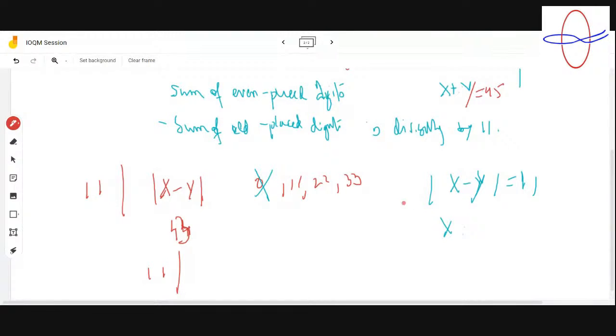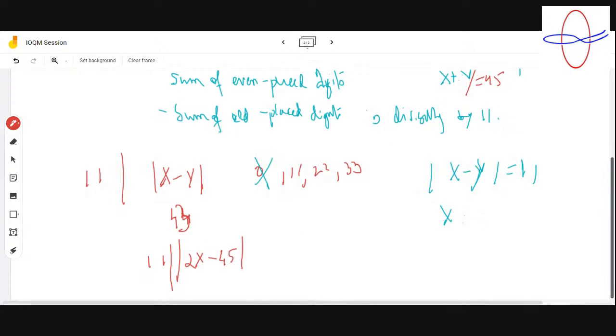So y is 45 minus x, so it's twice x minus 45. 11 divides twice x minus 45. That's the question. So you can assume that 45 minus twice x is the idea.